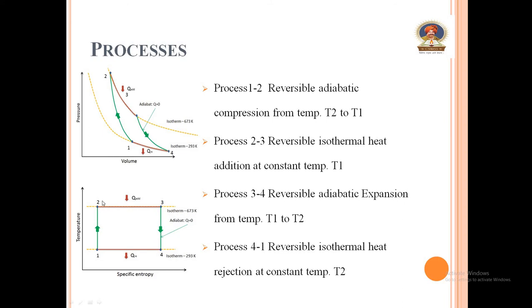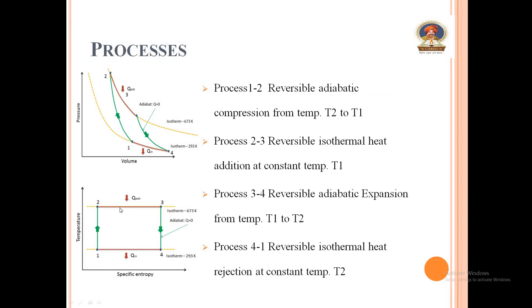In the next process 2 to 3, you can see here Q addition is a heat addition process. So in process 2 to 3, reversible isothermal heat addition at constant temperature T1 takes place.